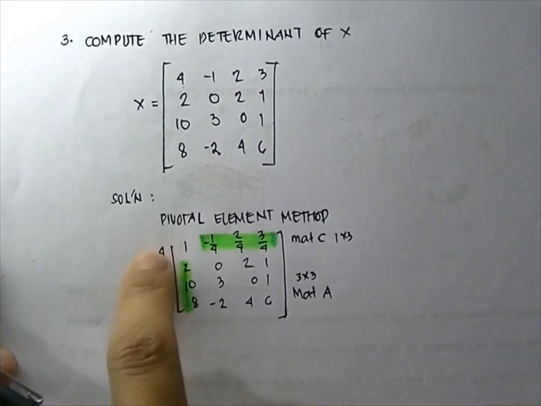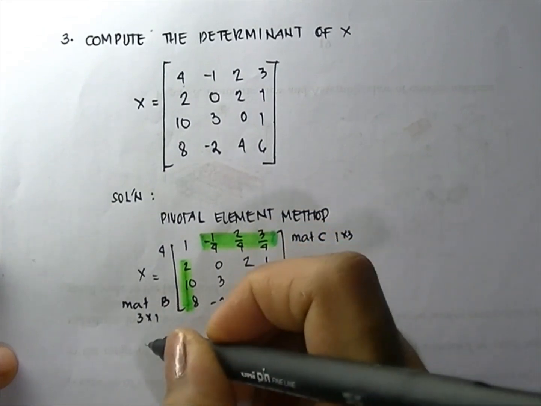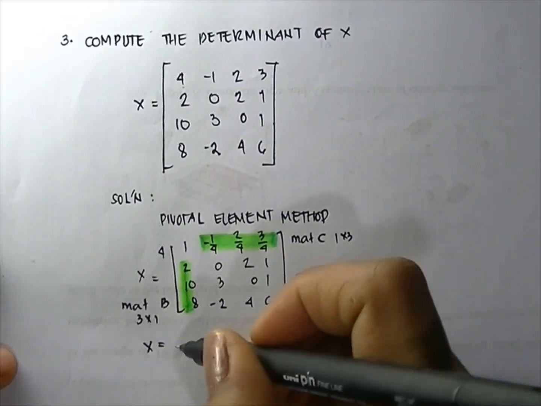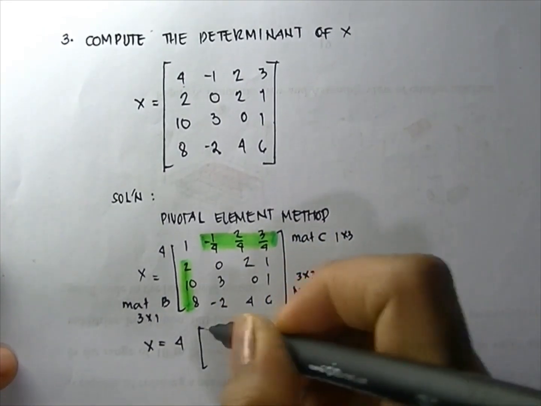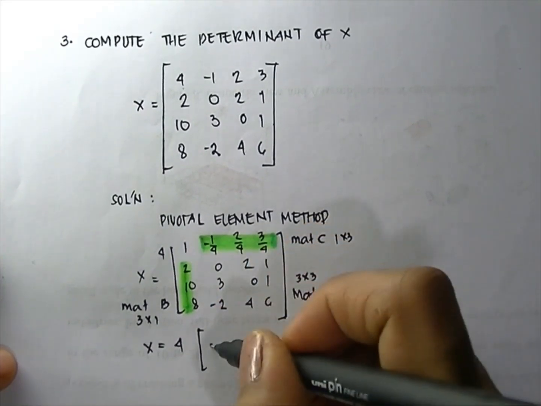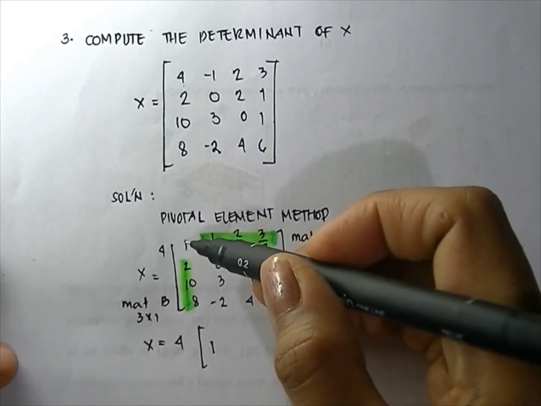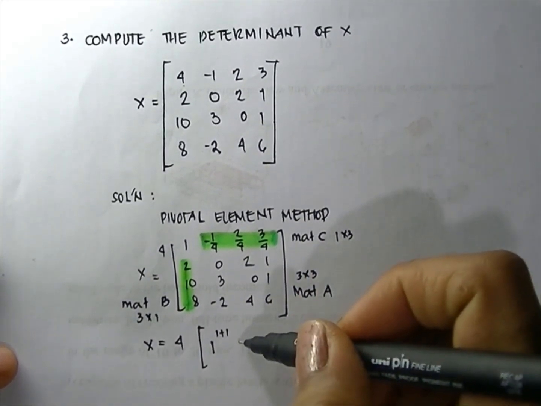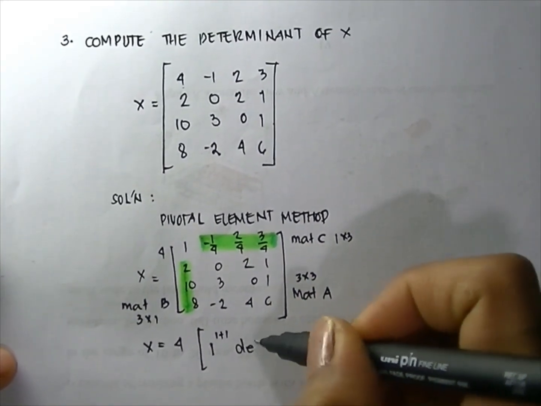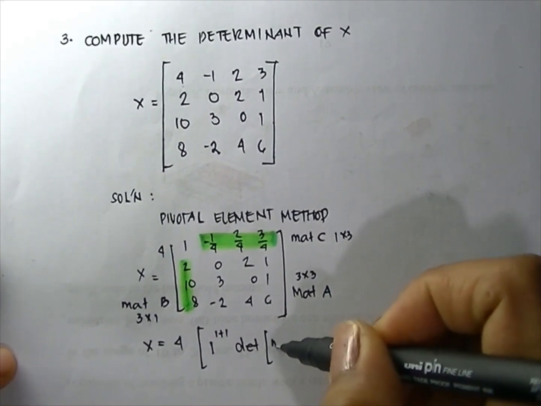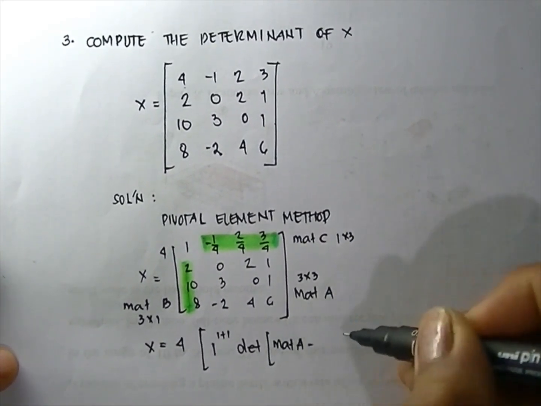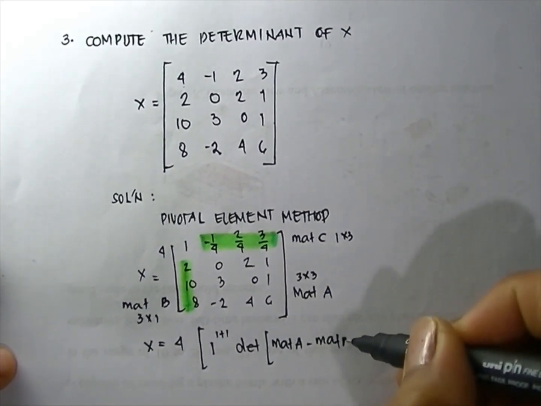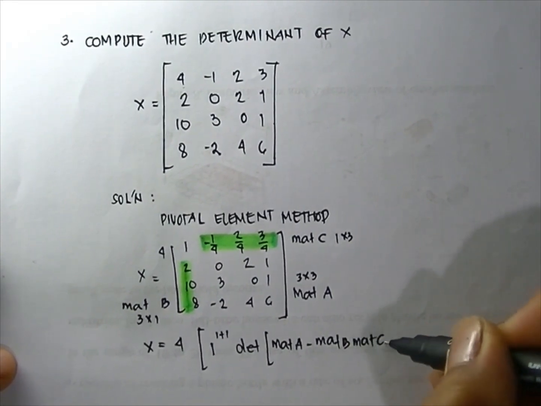So, to solve the determinant of X, 4 times negative 1 raised to row 1, column 1, so 1 plus 1, times the determinant of matrix A less matrix B, matrix C.